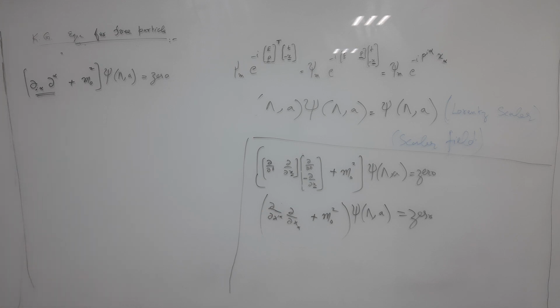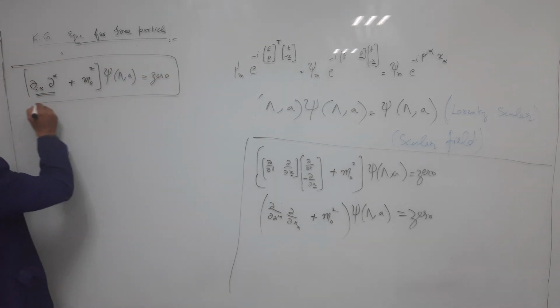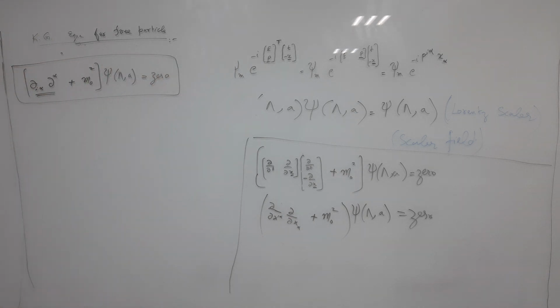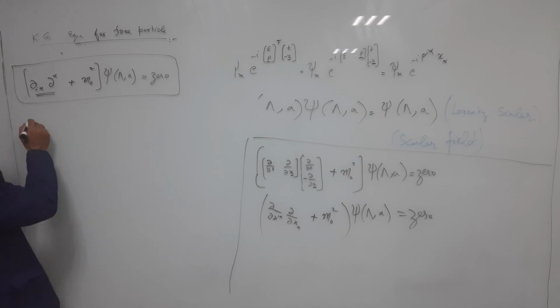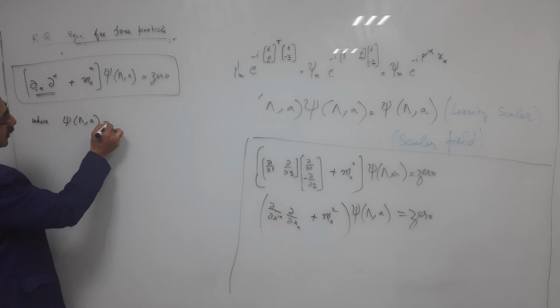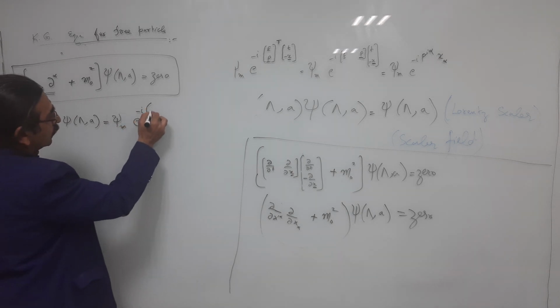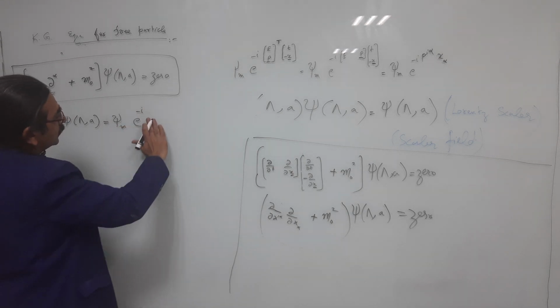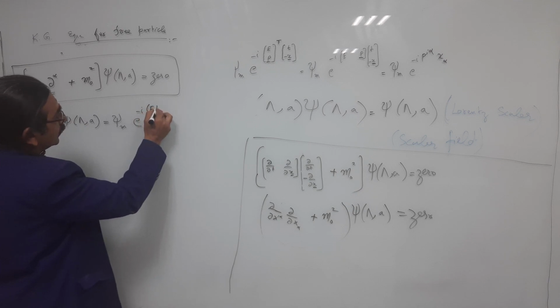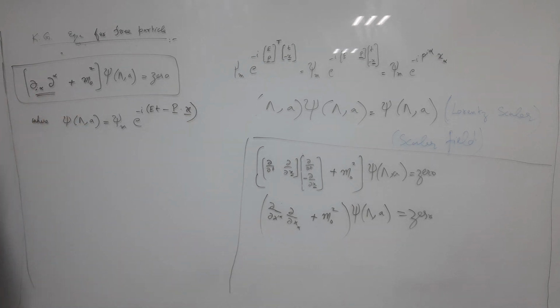This is the KG equation, where, as I have already discussed, this is equal to this.